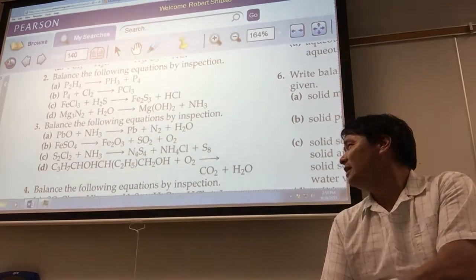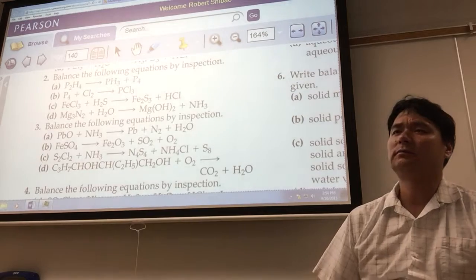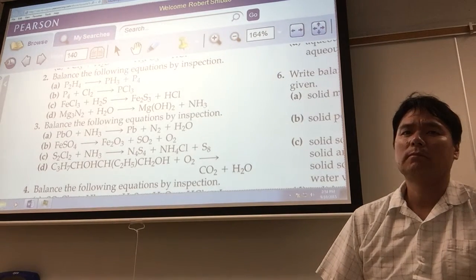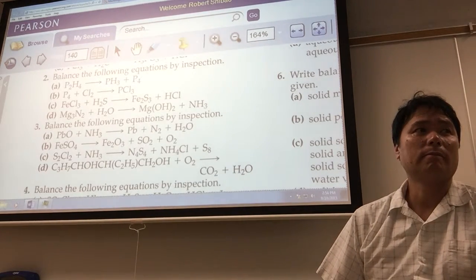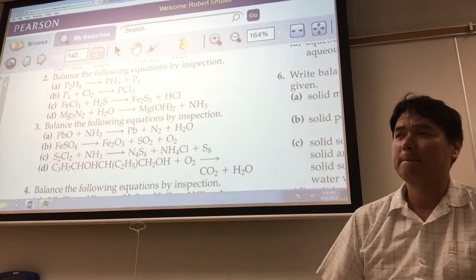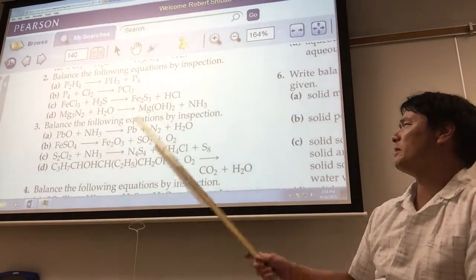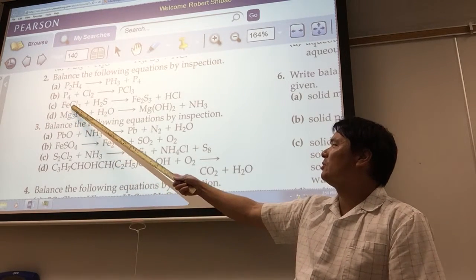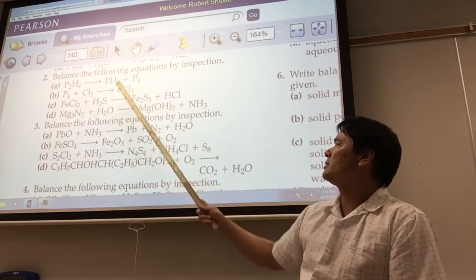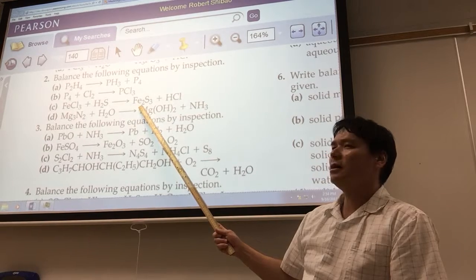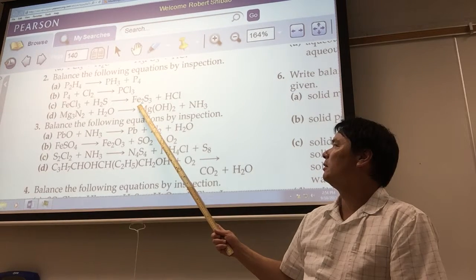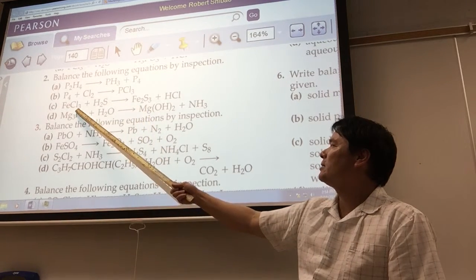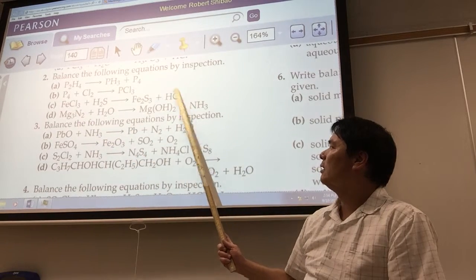How about C? What kind of reaction is C? This is a double replacement. In this particular reaction, we have the iron 3, it stays as iron 3. Do you see the oxidation states don't change? Chloride stays as chloride.